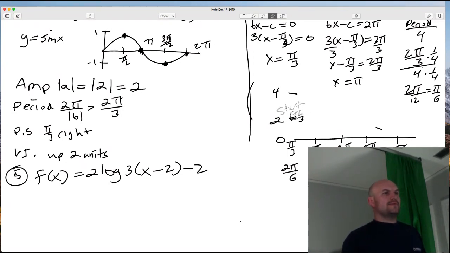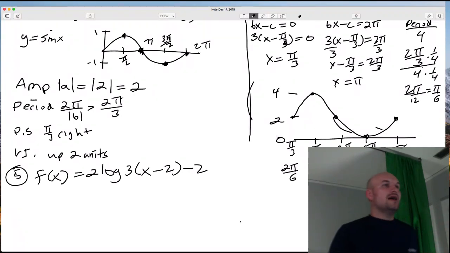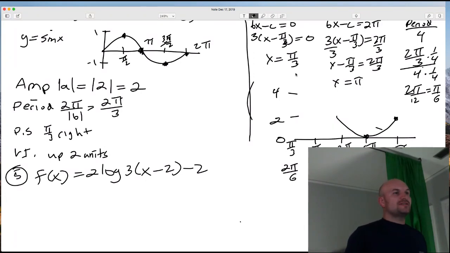Let me get this out of the way. So anyways, goes to 2, graph starts here, max, intercept, minimum, and there. So there you go. That was a long explanation, but graphing is tough, and hopefully at least everything else I covered for you is going to help you out. But yeah, that's a tough problem to get through.